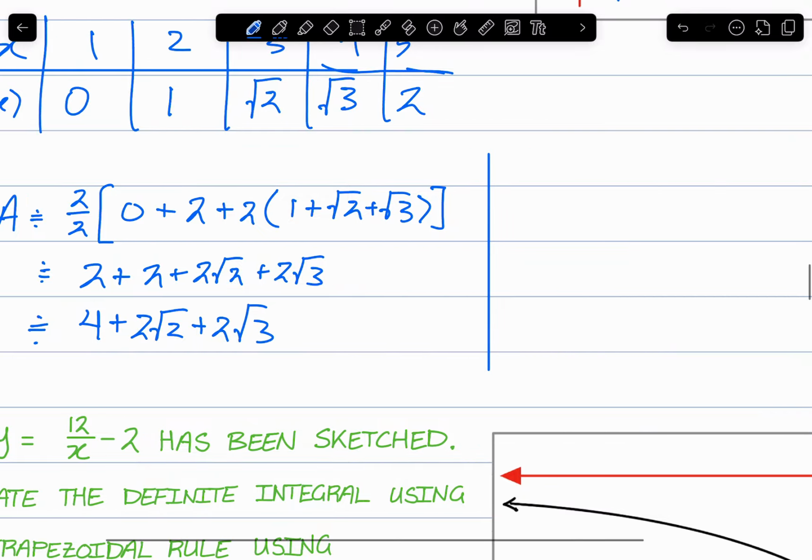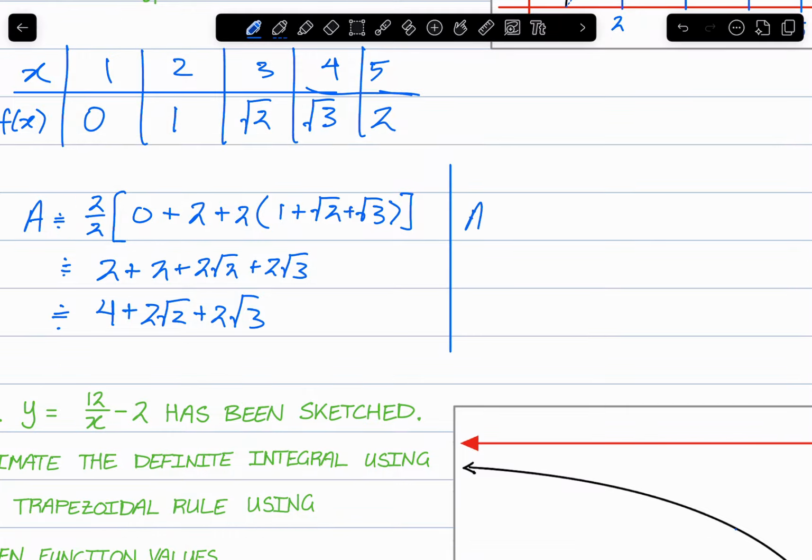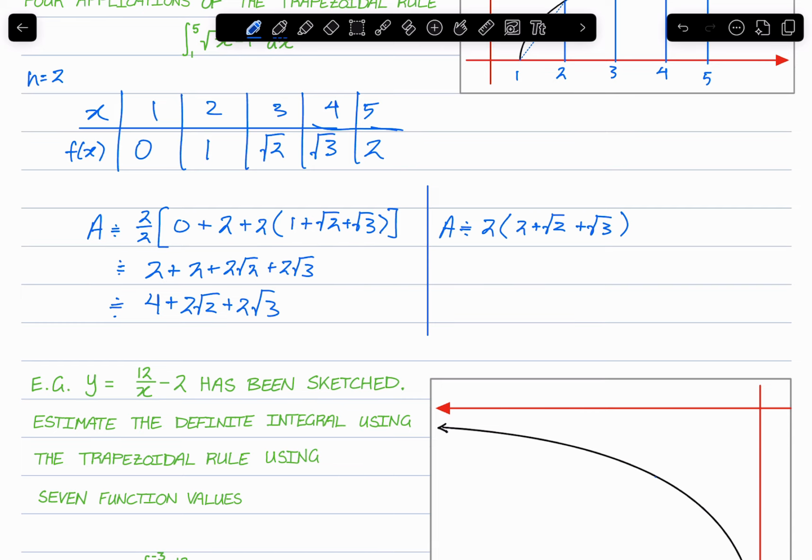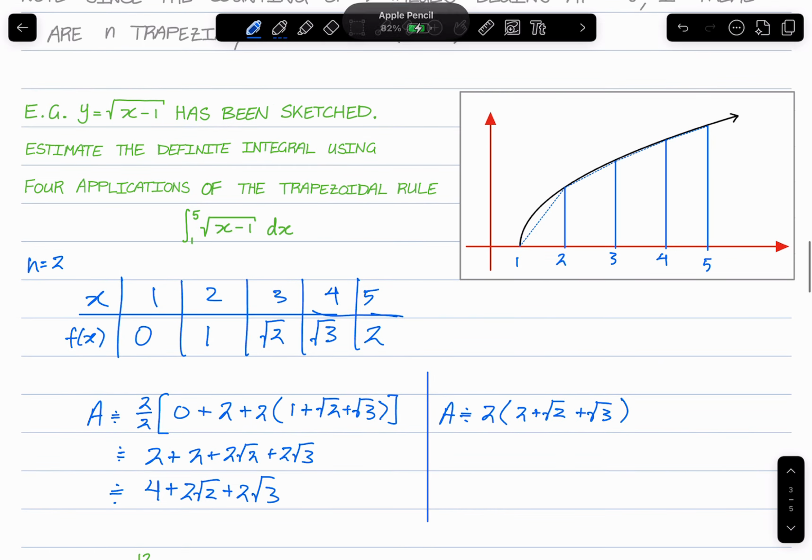All in all, keeping this in the exact form, the area is approximately 2 outside of 2 plus root 2 plus root 3. And that is the area in full approximate form.